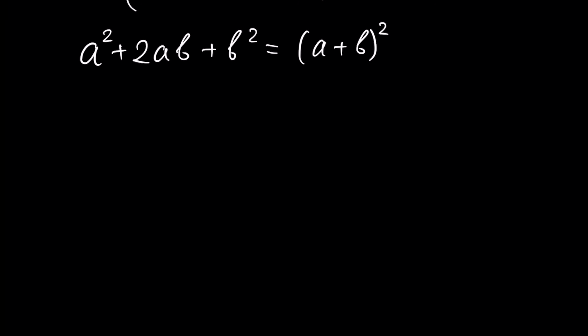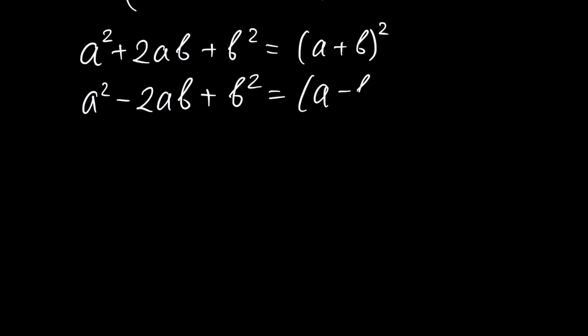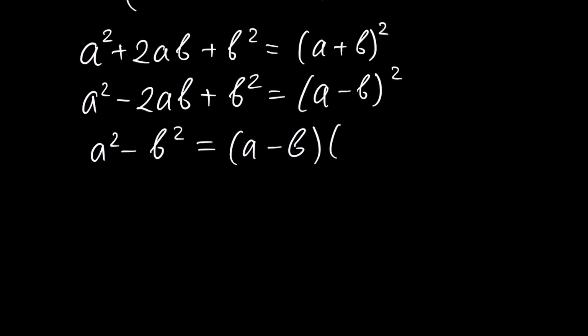If you don't understand, watch our previous tutorials. These are quite easy examples. And next, a squared minus 2ab plus b squared is equal to a minus b squared. a squared minus b squared is equal to a minus b times a plus b, as we know from previous tutorials.